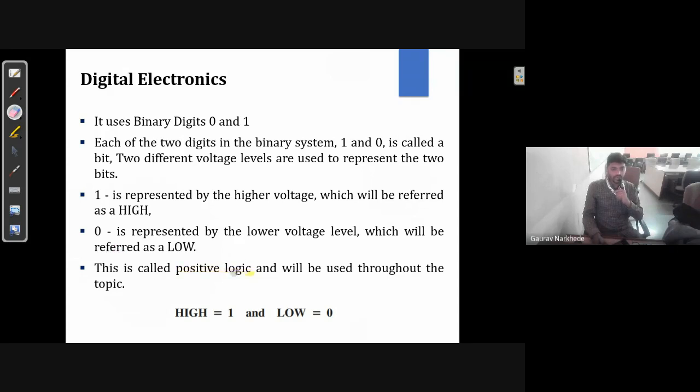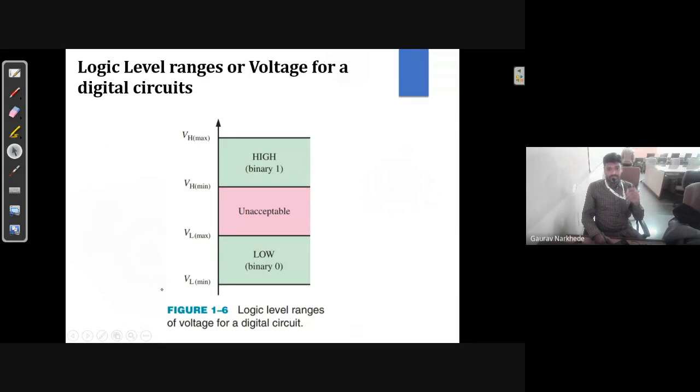Whenever this topic is concerned, we will be considering the positive logic system throughout our topic.